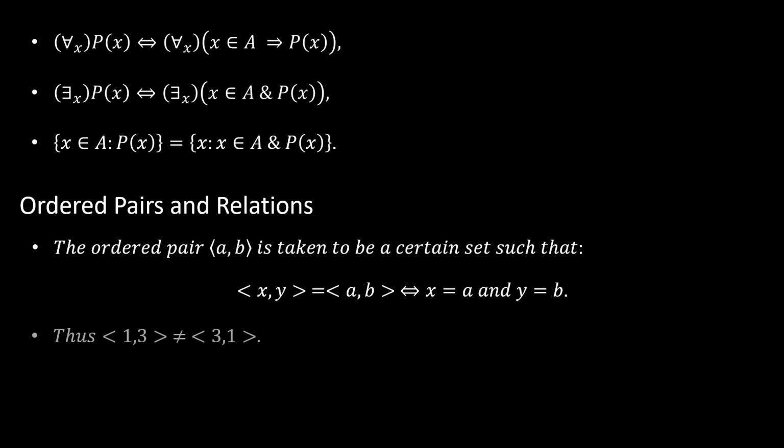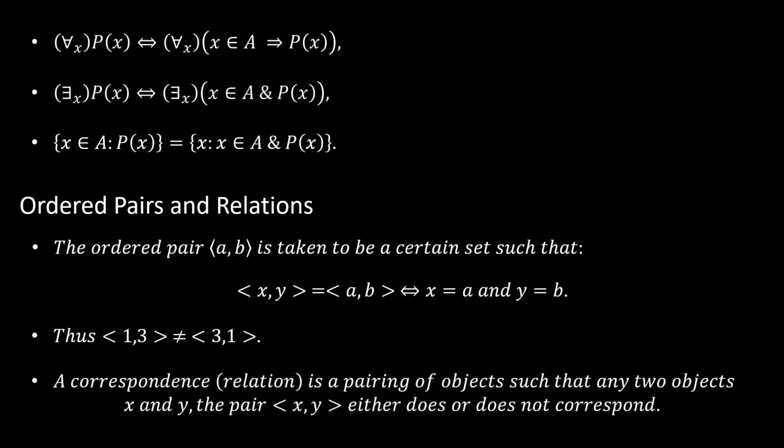So the order really matters there. An ordered pair of 1 and 3 is not the same as an ordered pair of 3 and 1. There is a correspondence between x and y, a pairing of objects such that for any two objects x and y, the pair either does or does not correspond.